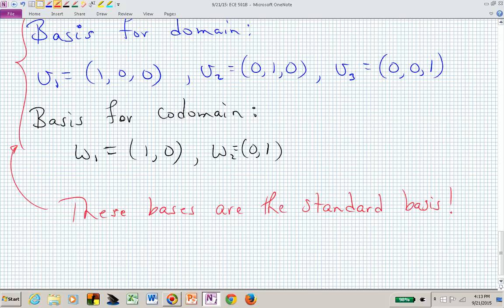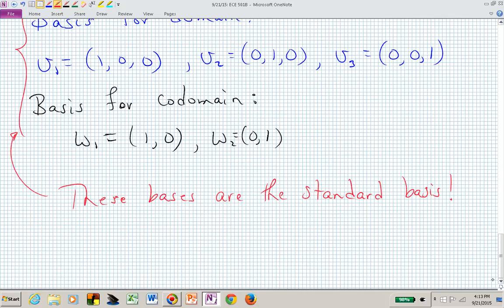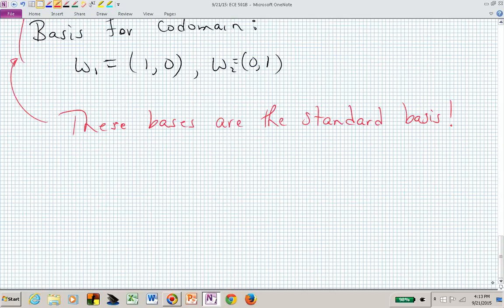Ones in each coordinate and zeros in every other coordinate. And we have V1 is 1 in X, V2 is 1 in Y, and V3 is 1 in Z. With that particular set, now let's create a matrix corresponding to these two sets of bases in R3 and R2.